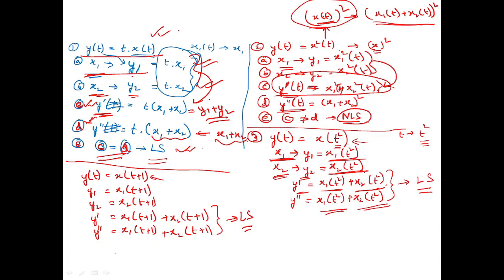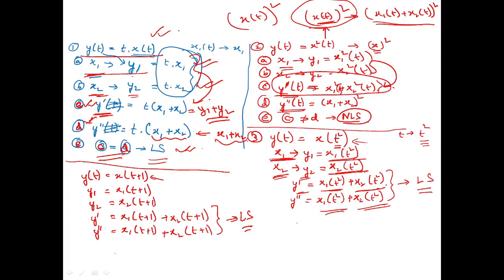Why? Because x is a function of t square, you cannot change that. In the previous case, x was a function of t, and the square was applied to x. Herein the square is within the t, so x is basically a function of t square, so you cannot change that.